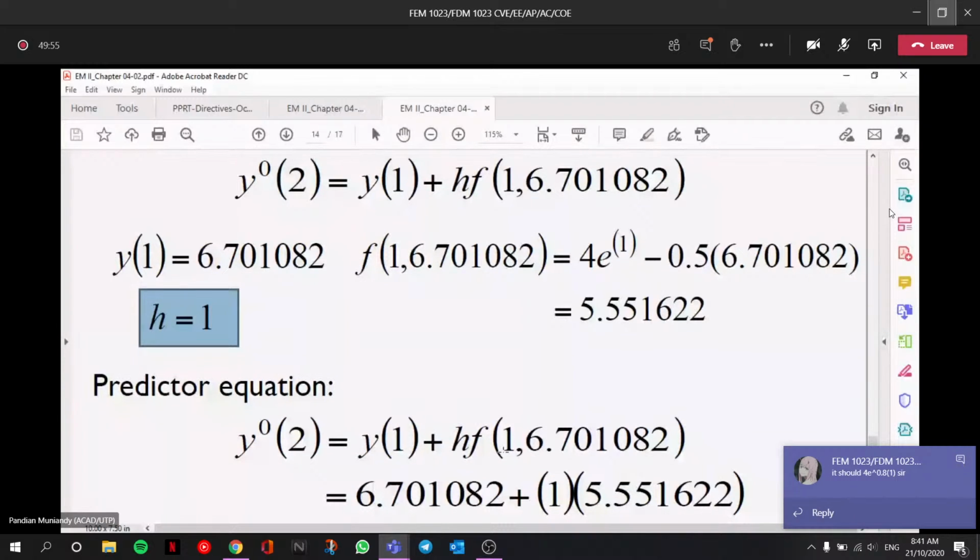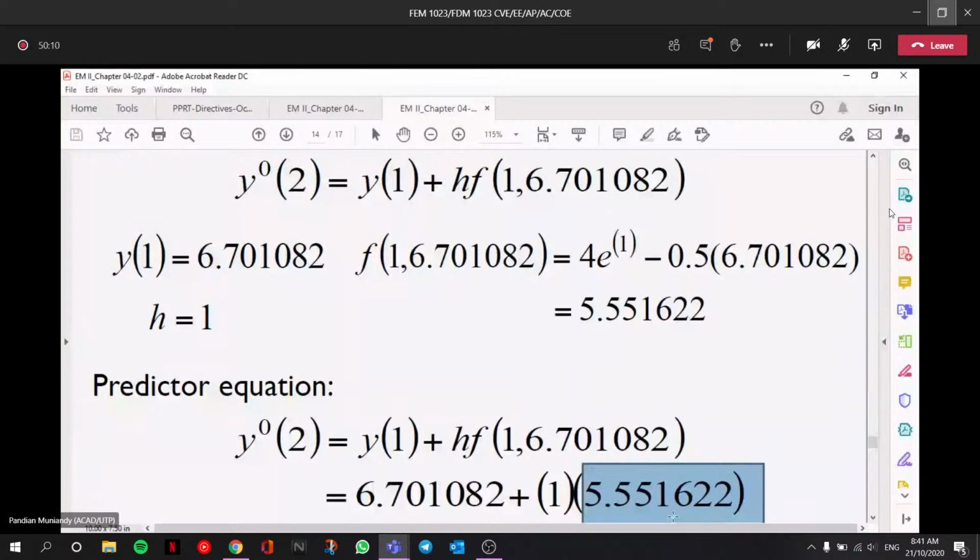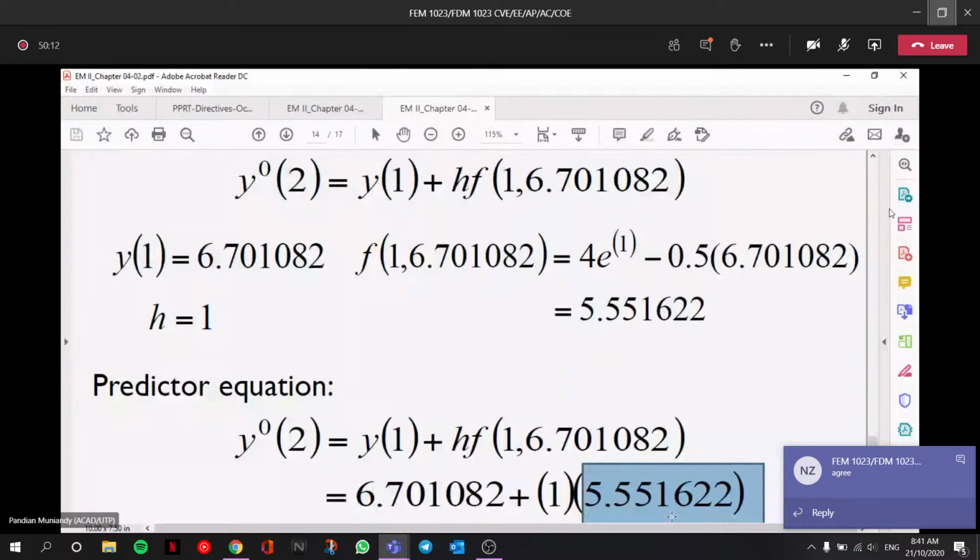F of 1, 6.701082, this one, is equivalent to 5.551622.